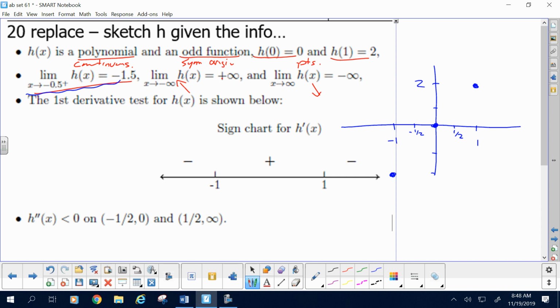This is 2. This is -2, so -1.5. Okay, that actually implies another point. What's another point? 1/2, 1.5. Again, because it's odd. So they've really given us 5 points to work with because of the odd. Okay.